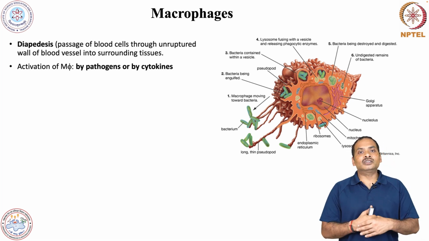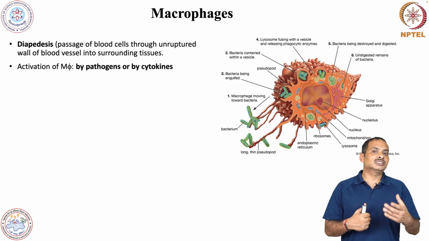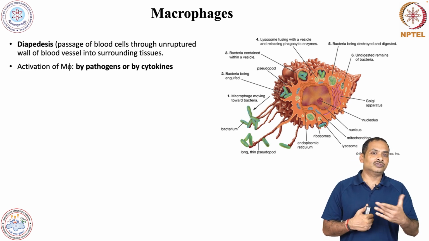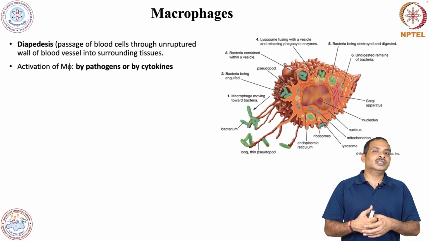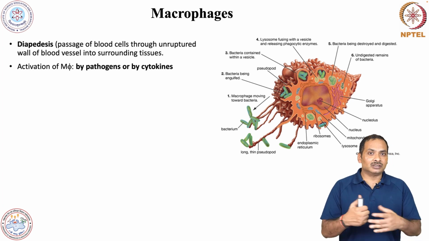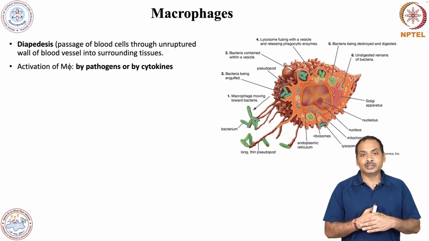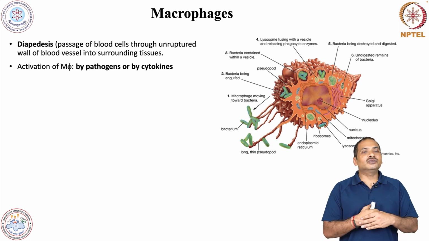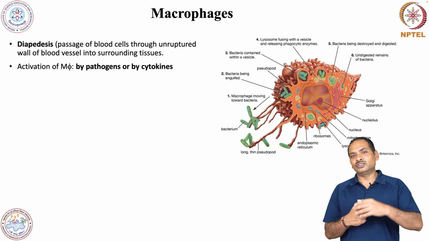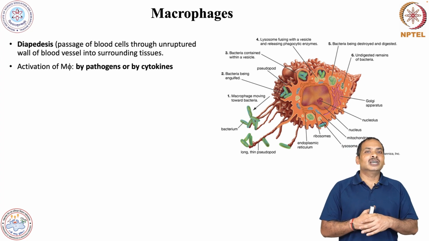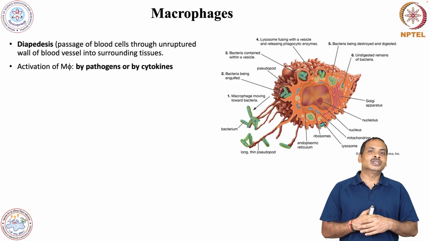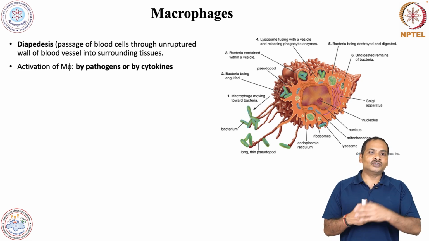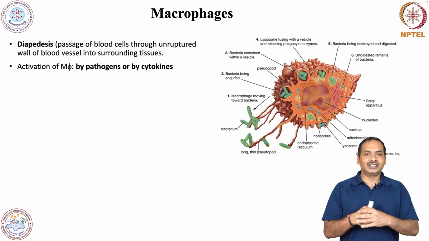If you treat the macrophages with some cytokine, for example interferon gamma, which is commonly used as a stimulator of macrophages, or with some component of a pathogen, for example LPS, which comes from gram negative bacteria, then they get activated.